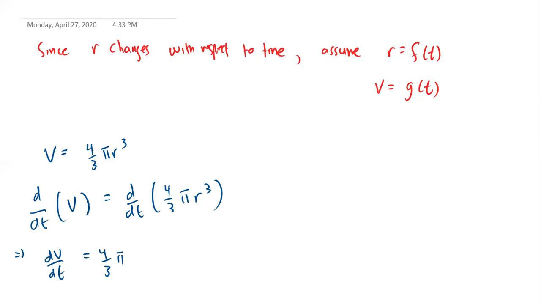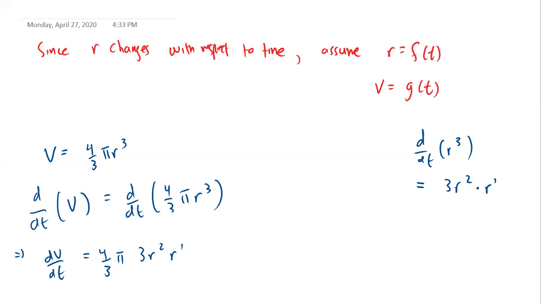So what's the shortcut to find the derivative of r cubed, where r is a function of time? Take the derivative with respect to r and multiply by dr/dt. I'm just going to write that as r prime. So we get 3r squared r prime.